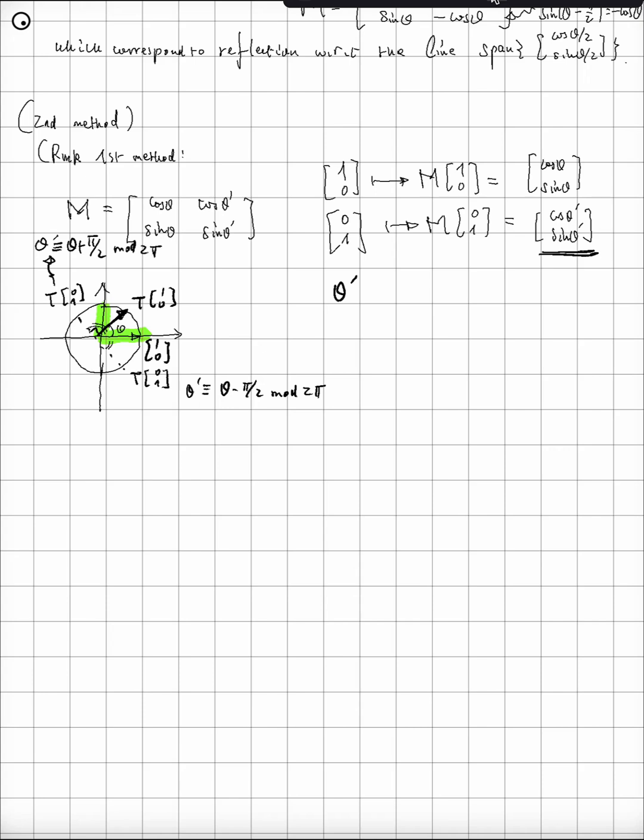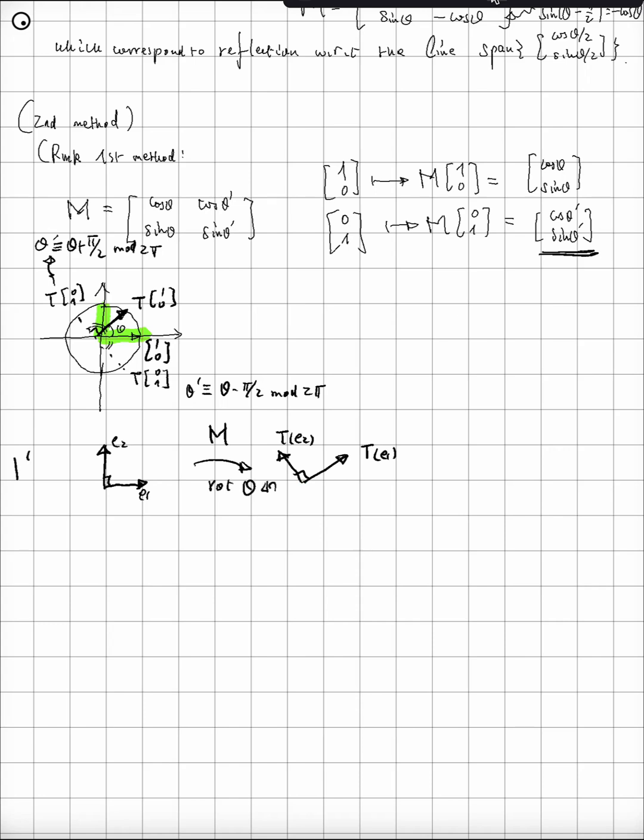And if you think of it geometrically, you will see that in the first case, you're mapping E1 and E2 after your matrix transformation to TE1 and TE2, which is a rotation by theta counterclockwise.